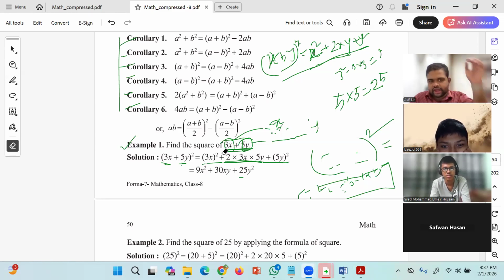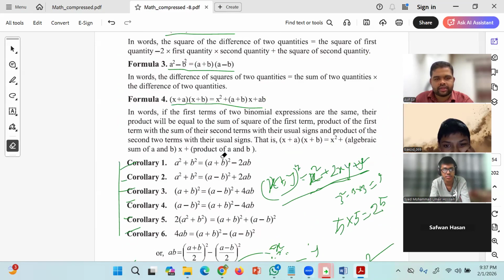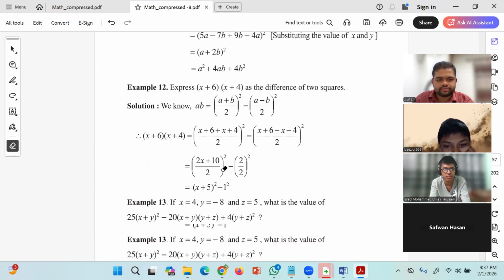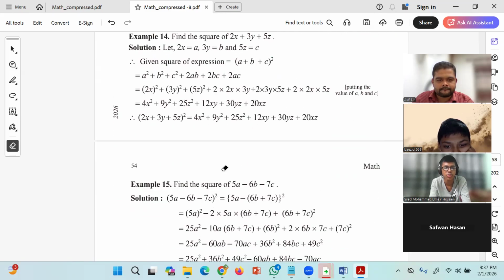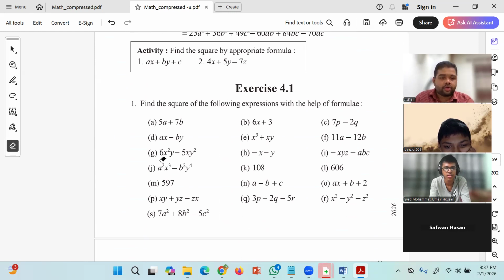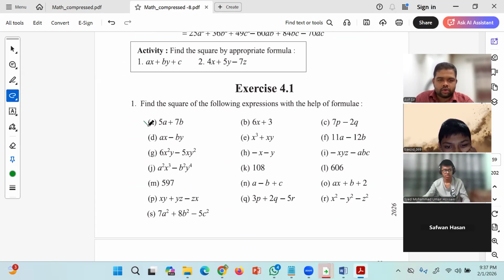Okay, now as we have solved it, let's move to chapter 4.1, where there are mathematical problems. In the 4.1 exercise section, let's have a look at the first one, which is 5a plus 7b.